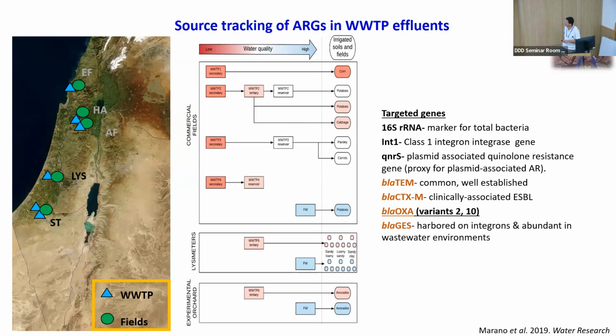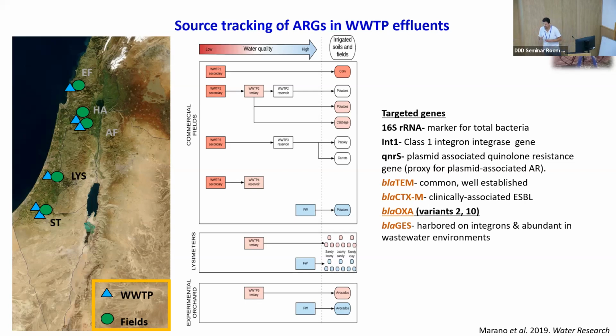They're listed, along with the 16S ribosomal RNA gene, which is a proxy for the total bacteria abundance. We can look not only at the total abundance of these genes by quantitative PCR, but also the relative abundance by normalizing to the 16S ribosomal RNA gene.